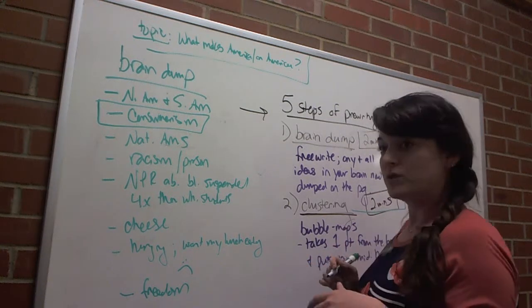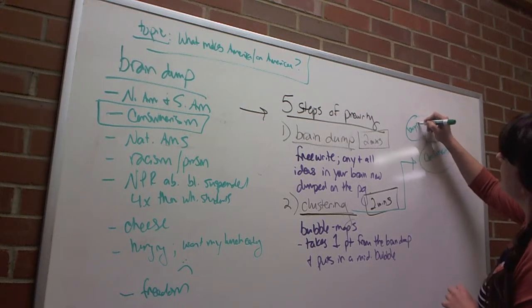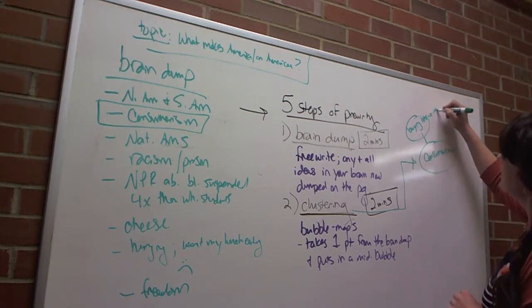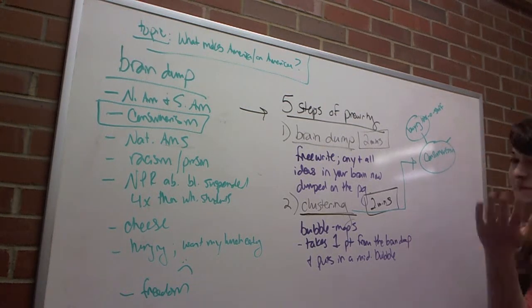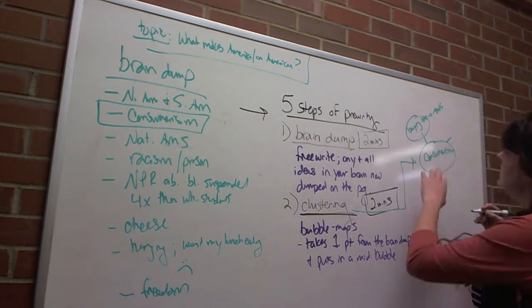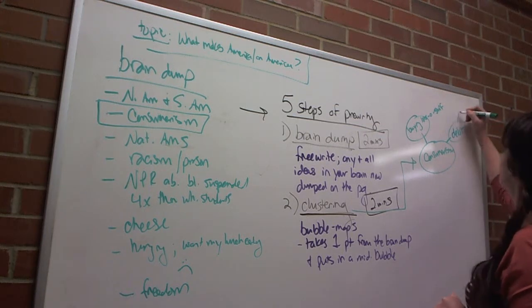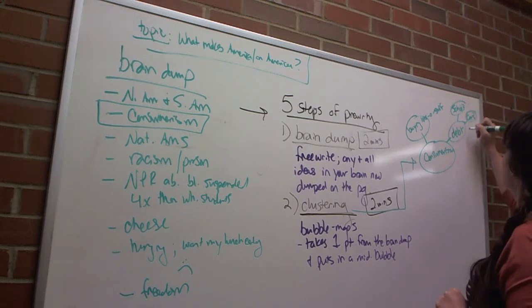Consumerism, I can talk about buying lots of stuff, and also in pre-writing, spelling doesn't matter, grammar doesn't matter, it's just getting all the ideas on the paper. So, buying lots of stuff. When I think of consumerism, I think of debt. People have school debt, they have cars, they have houses, etc.